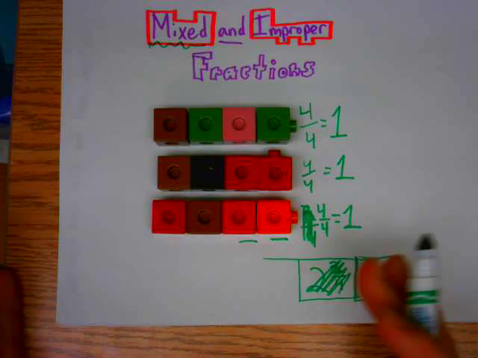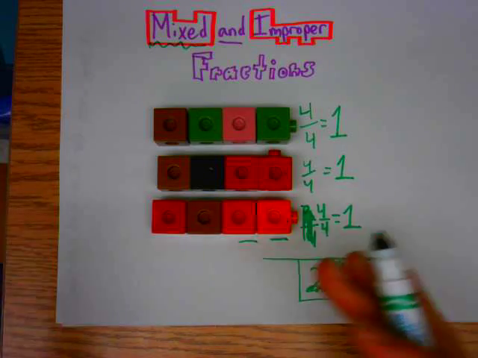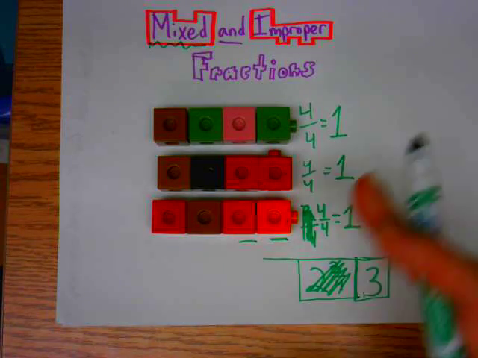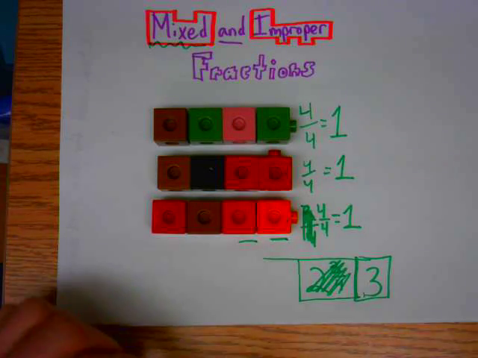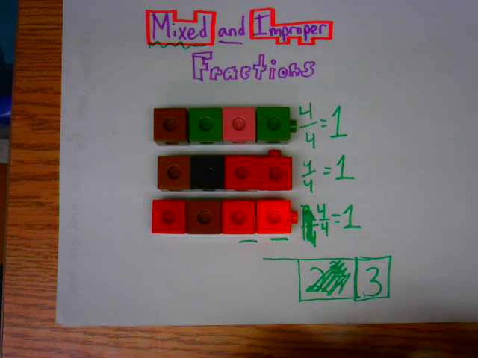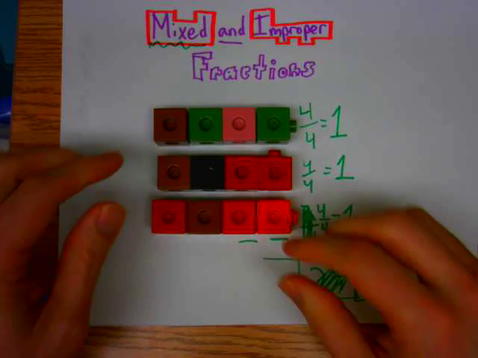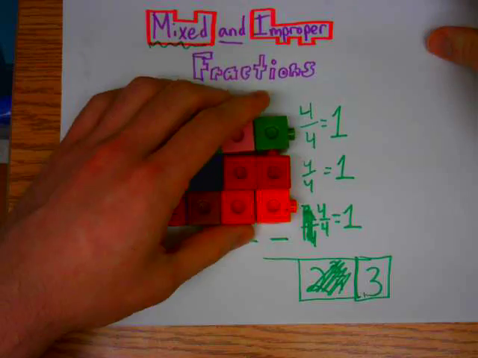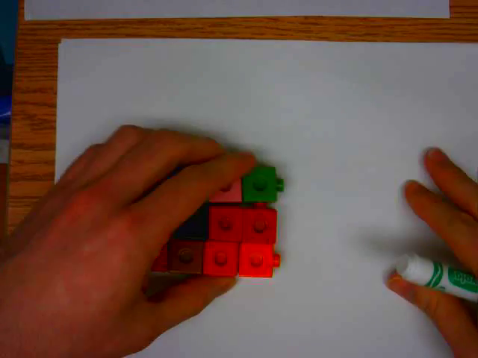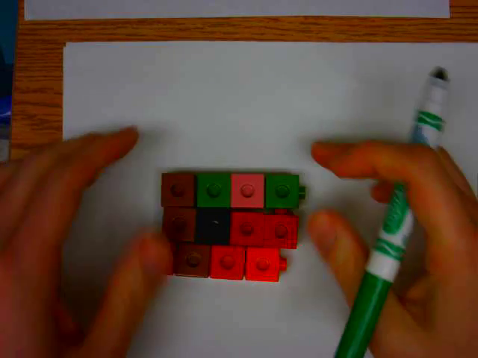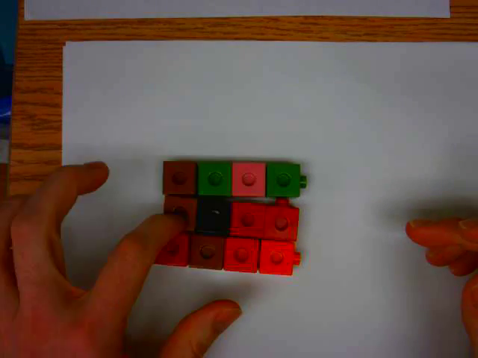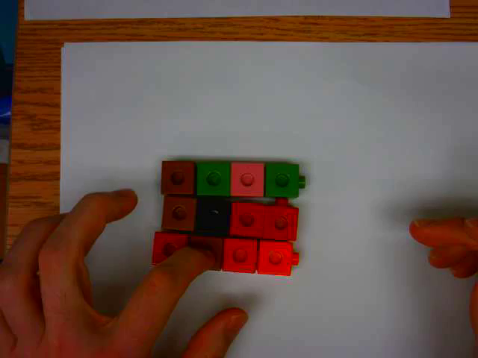Now mixed fractions are related to improper fractions because there's another way we can show these fractions as well. Instead of mixed, we can show them in an improper way. I'm going to keep working with our groups of 4, but this time I'm going to give you a number first. Working with improper fractions, here we have a total of 1, 2, 3, 4, 5, 6, 7, 8, 9, 10, 11, 12.